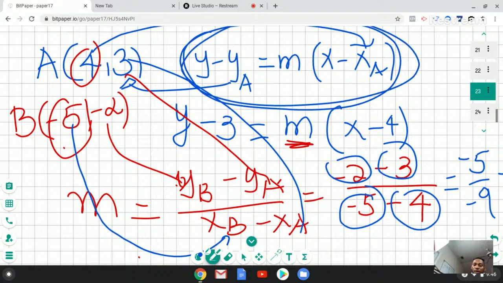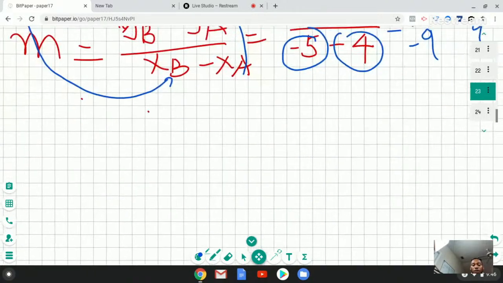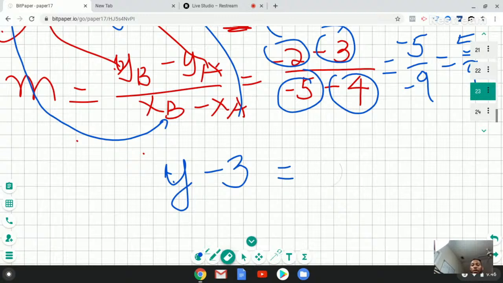It's the y value minus the y coordinate of the point A equals m times x minus the x coordinate of the point A. So y variable minus the y coordinate of the point A, which was what? 3, is equal to m, which we found was 5 over 9, right?